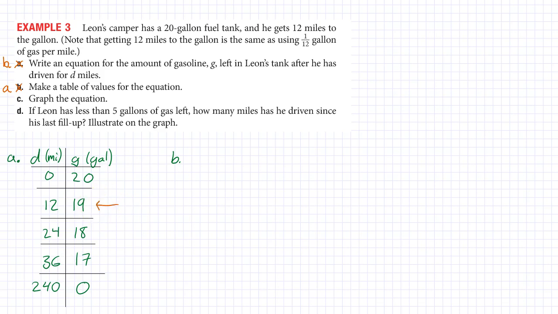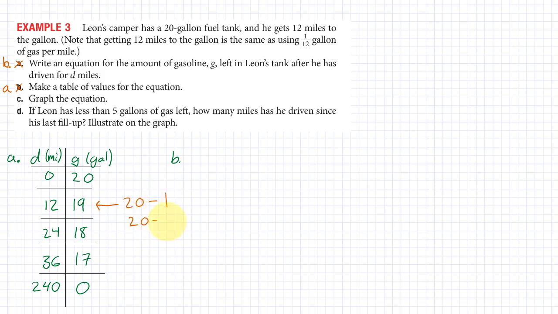To me, it seems like the way we got that 19 is we started at 20, and then we subtracted how many gallons were used, which was 1 gallon. But how did we get that number 1? How do we know that 12 miles was 1 gallon? Well, it says 12 miles to the gallon. So how can we get that using the number 12?